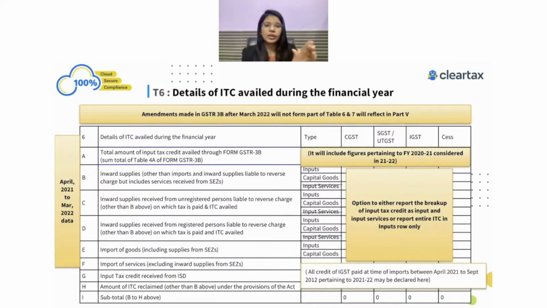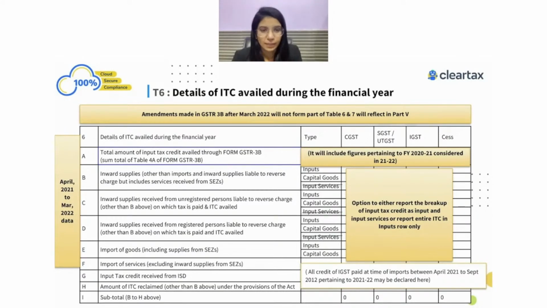Now the second example we said, right? Let's assume, forget about that 100, we are parking that. Let's say now in 6B we have 100 rupees. The second example which we gave was a reclaimed ITC. Let's say in the month of April I claimed an ITC of 100 rupees, and then after 7-8 months I have reclaimed that ITC of 100 rupees again, which is coming in my 6H.